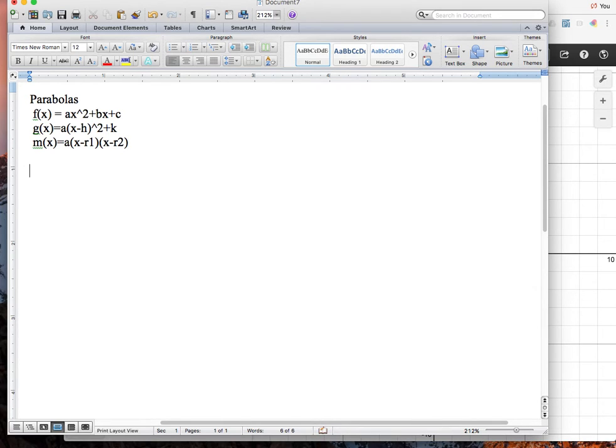And we've seen in class that we want to be able to convert back and forth from one of these forms to another. So I'm going to look at a specific example. I'm going to start with y equals 2x squared plus 2x minus 12.